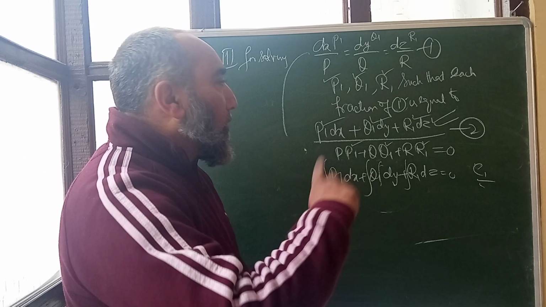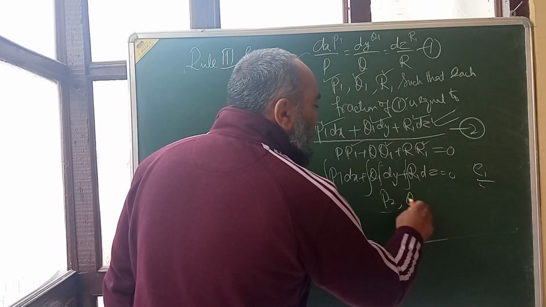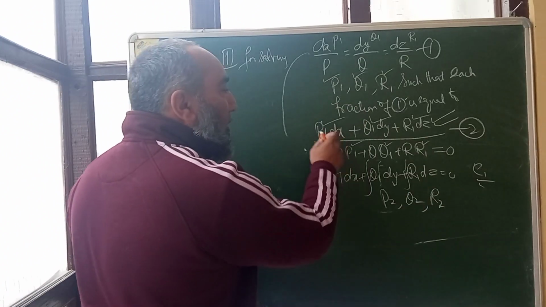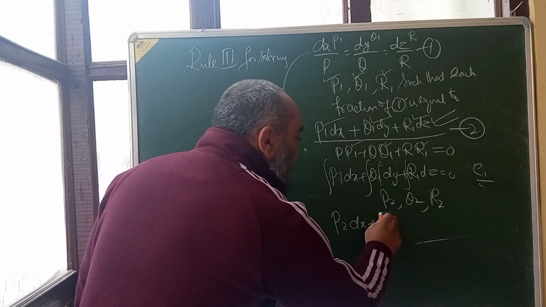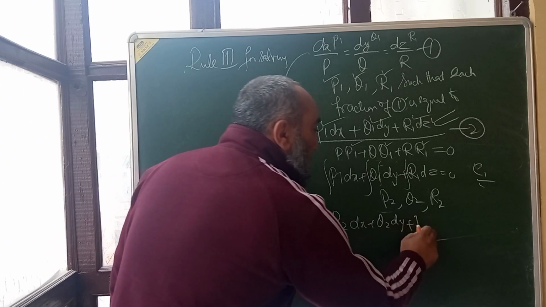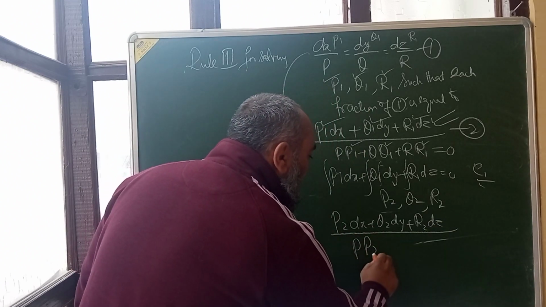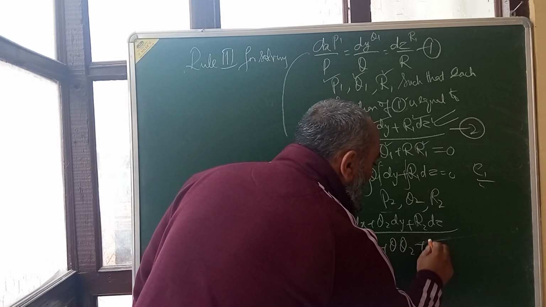Suppose that this is not possible. Then I have one thing more. I will choose multipliers P2, Q2, R2 such that each fraction is equal to P2 dx plus Q2 dy plus R2 dz divided by P P2 plus Q Q2 plus R R2.